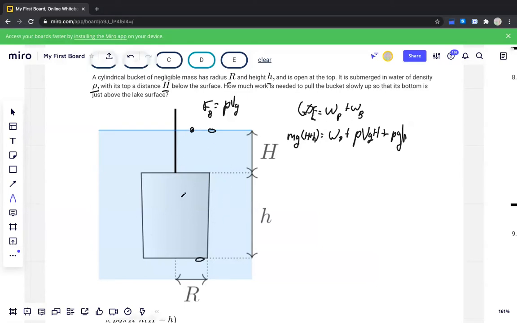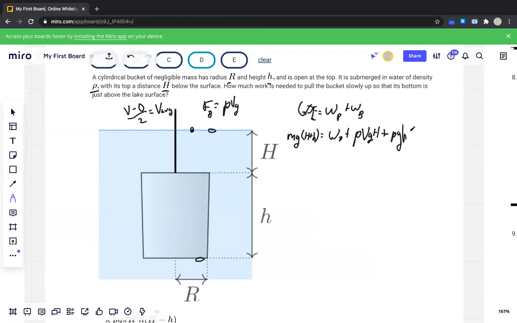The average volume is going to be the initial volume, which is V, minus the final volume, which is just 0, because when it's outside, none of the volume is submerged. All divided by 2 gives us our average volume. This is just going to be V over 2.